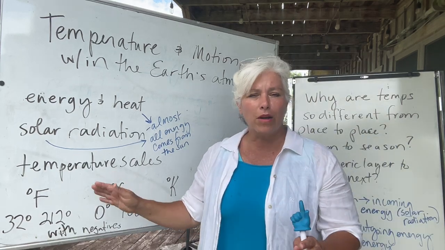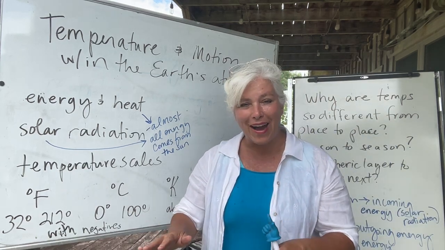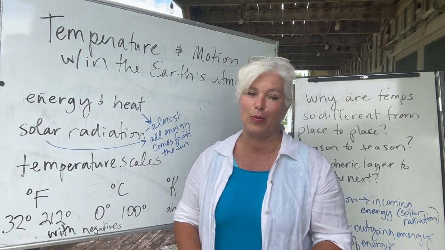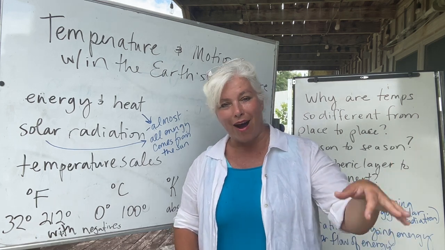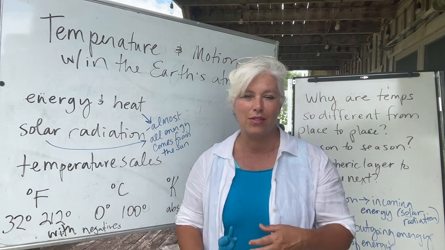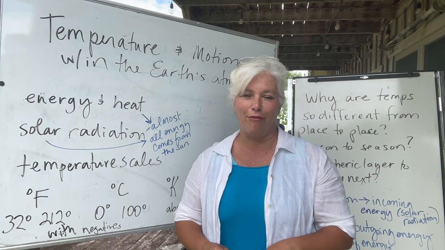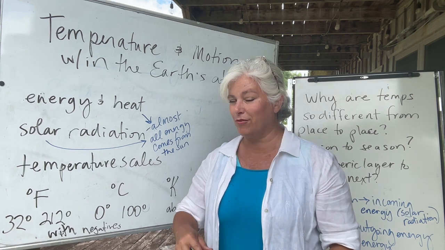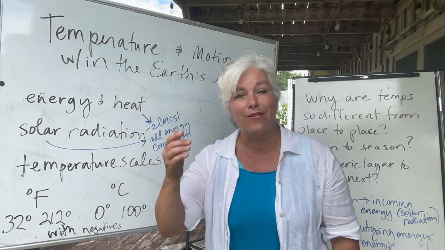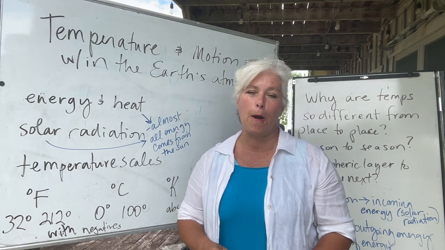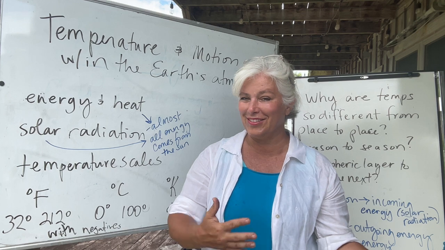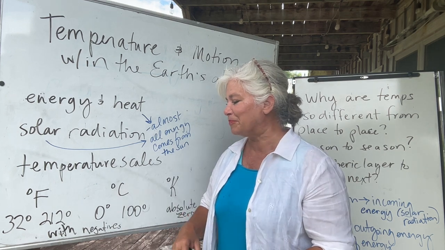Okay, and one of the things that we need to talk about in this chapter, like we've talked about in previous chapters, is the difference between miles or knots or kilometers, and the conversion of those different measurements for distance. We have a variety of temperature scales that we use in science and in physical geography.